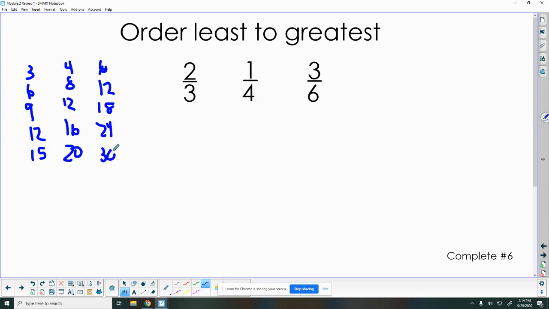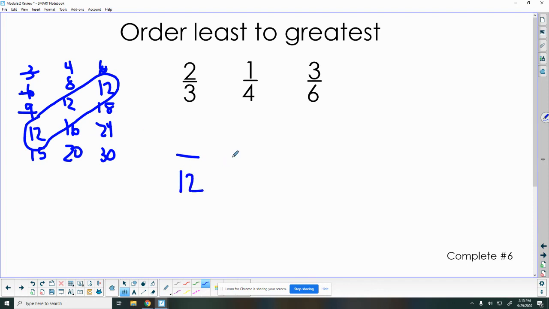So I'm looking for the smallest one they have in common. So they do not all have a 3. I see 6 here and here, but no 6 in the 4, so it's not 6. I don't see 9 on any other list. 12, 12, 12. It looks like our least common multiple for 3, 4, and 6 is 12.